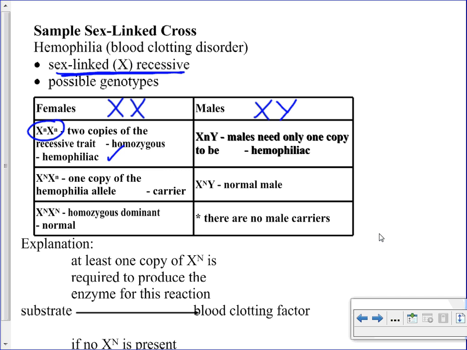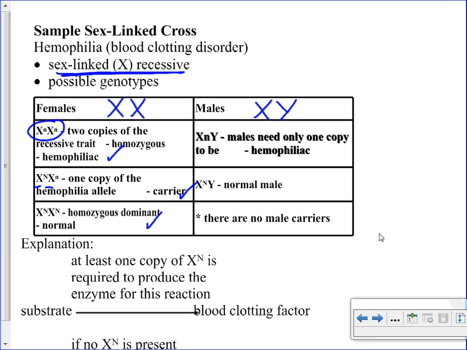So she is homozygous recessive for this X-linked trait. If we have one of each, one normal version and one defective version, this female does not have hemophilia because she has a normal version, but she is a carrier. She herself does not have it, but she can pass it on to her children. And the last possibility is a female that is homozygous dominant and she is completely normal.